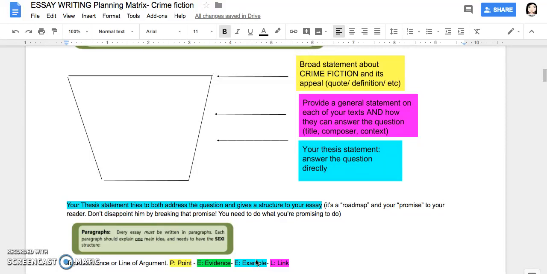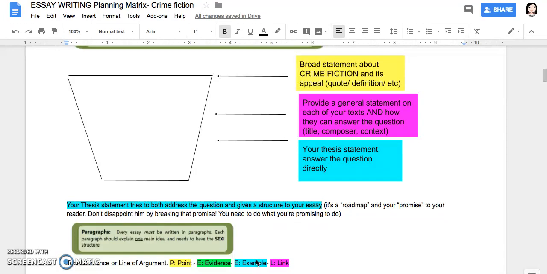Now, our paragraphs need to follow a clear structure. We could use different acronyms for this. If you go online, you'll find lots of different acronyms that people use to plan and write their paragraphs. One of them is SEXY or SEXIL.